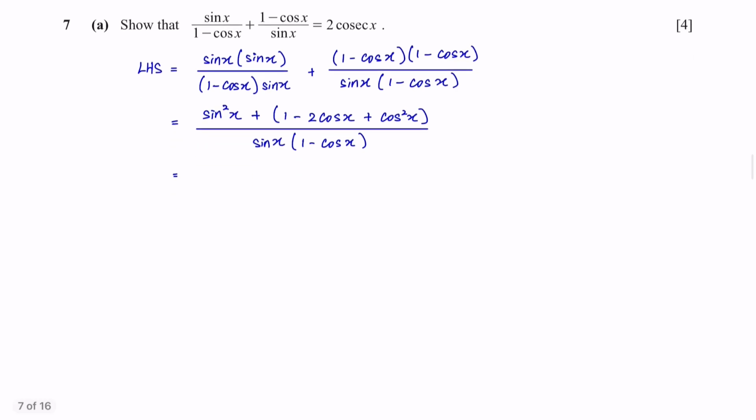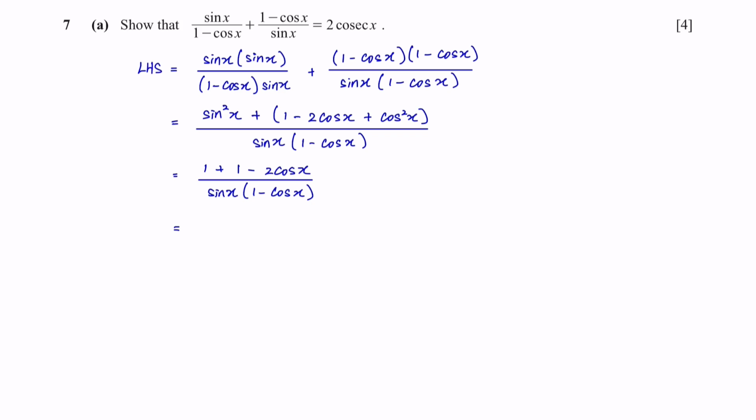We simplify the numerator to see that sine square x plus cos square x is actually equal to 1, right? So we can have 1 plus 1 minus 2 cos x over sine x times 1 minus cos x.